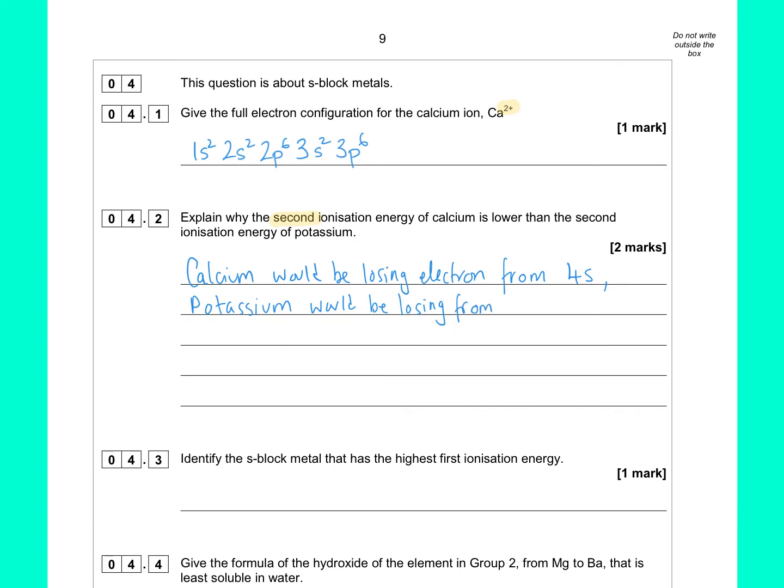So to lose a second, it would be losing from the 3p. And as the 4s are further out from the nucleus than the 3p, and there is less shielding, then it's easier to lose an electron from the 4s, and therefore has a lower energy.